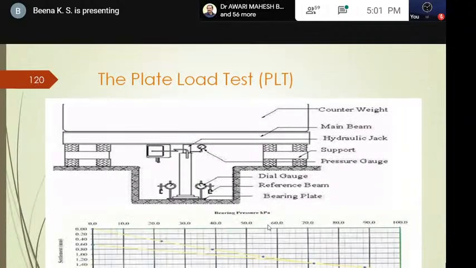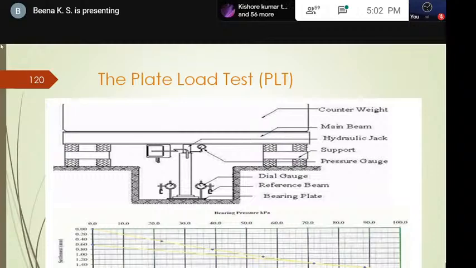Settlements are measured. Actually, while doing the test, first we give a seating load, and after giving the seating load, we give the loads in increments. Normally, at least 1/10 of the expected maximum capacity of the soil we give as the load increment, and we gradually increase the load.